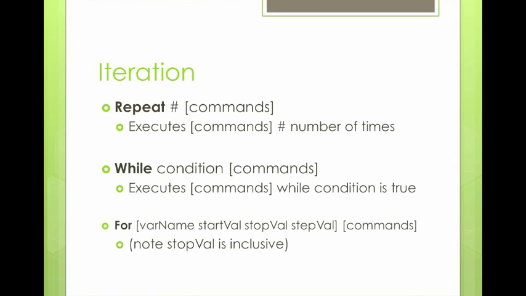Now this is inclusive. And the last value, which is optional, is the step. So you could have a for loop that increments the variable by 1 or by 2 or 3 or however many you like. Now the second input is another list of commands, and these are the commands that are executed for every iteration of the for loop.